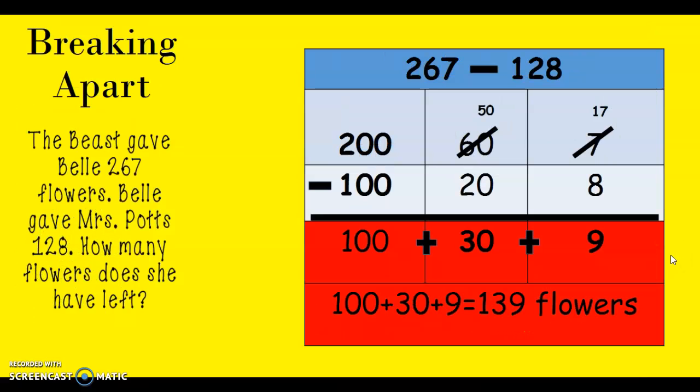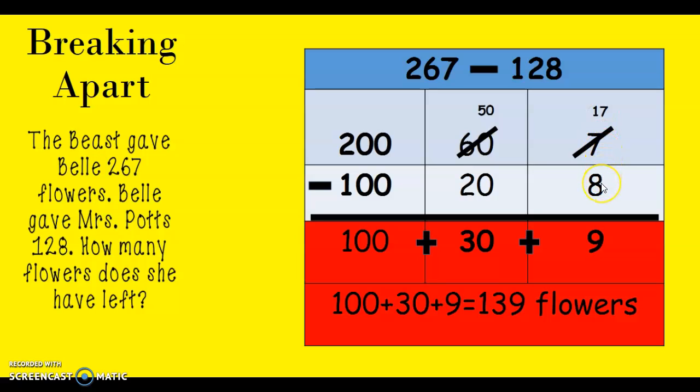Okay, looking at breaking apart your expanded form, remember you're stretching out both numbers. 200 plus 60 plus 7 minus 128. Again, you're noticing that we've got more on the floor, so we've got to go next door. So the 60 now becomes a 50 because you're borrowing 10 from it. We're going to move that 10 over to our ones place, so the 7 now becomes 17.